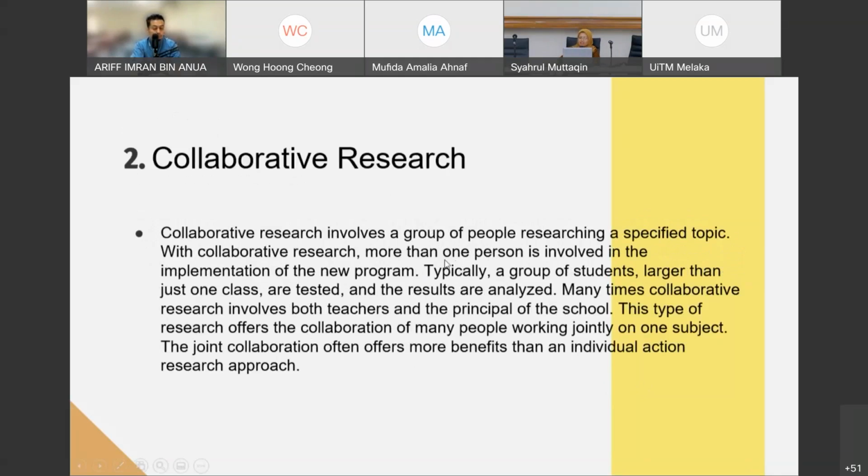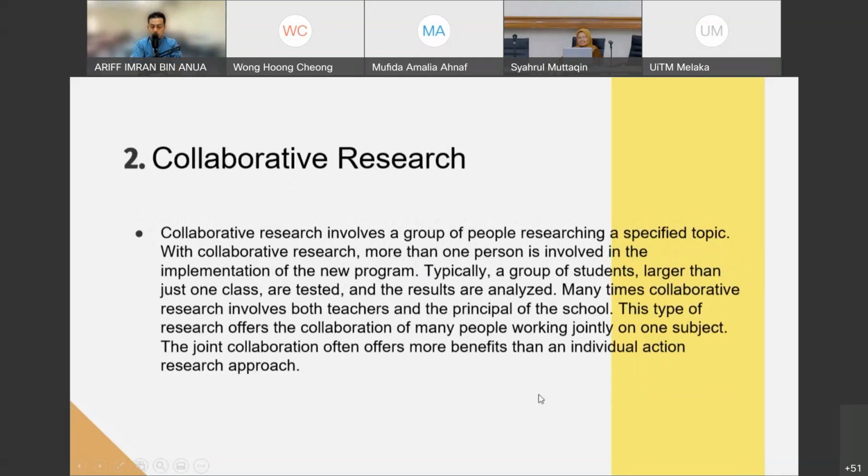And then the second design is collaborative research. It involves a group of people researching a specific topic. With this collaborative research, one or more persons are involved in the implementation of the new program. So the group would be larger.